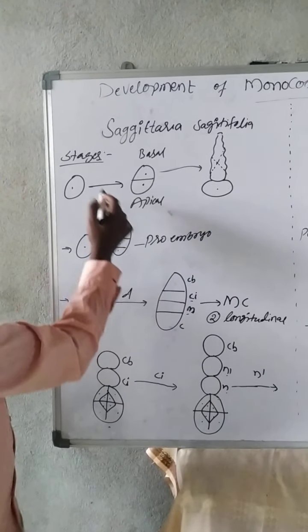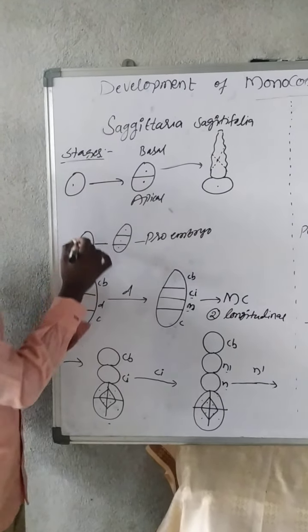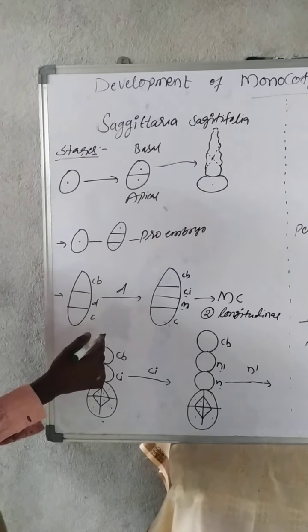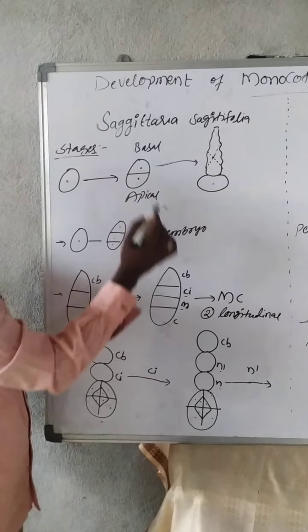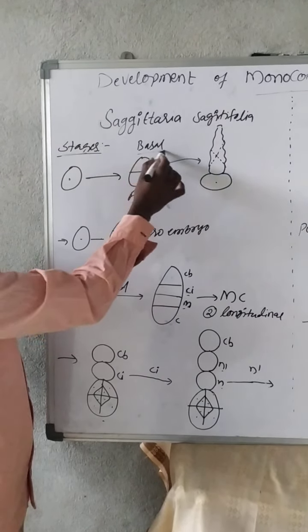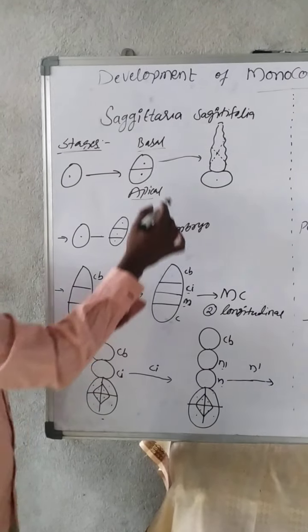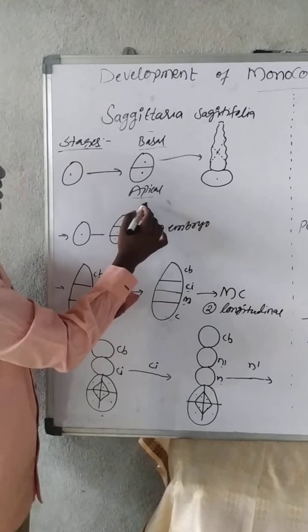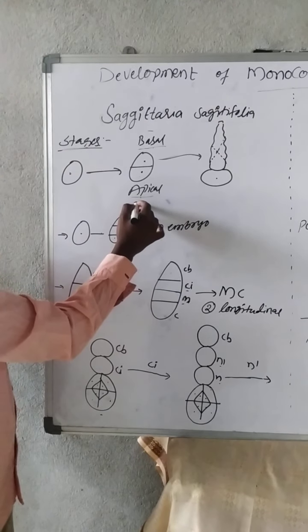First, the zygote. The zygote undergoes a transverse division and forms two cells. One is the apical cell and the other is the basal cell. The basal cell is situated at the micropylar end and the apical cell at the chalazal end.